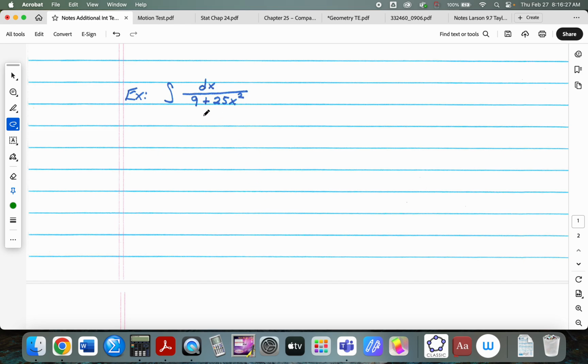All right, so same sort of thing here. We first have to recognize, okay, that looks sort of like arctangent's derivative, but it has a 9 instead of a 1. All right, let's factor the 9 out. So we're going to have 9 times 1 plus 25x squared over 9.